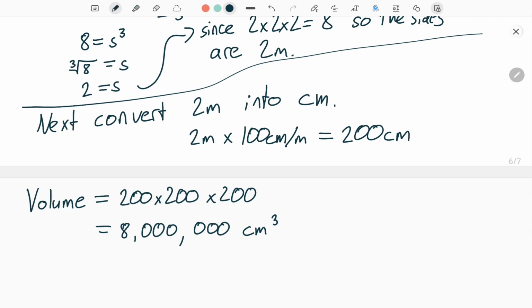So that's why we have to be careful about making sure we do the conversions the correct way by finding out the individual side lengths and not just converting the original number, because that'll lead to a vastly different answer. But there we have it, 8 million centimeters cubed in an 8 meters cubed cube.